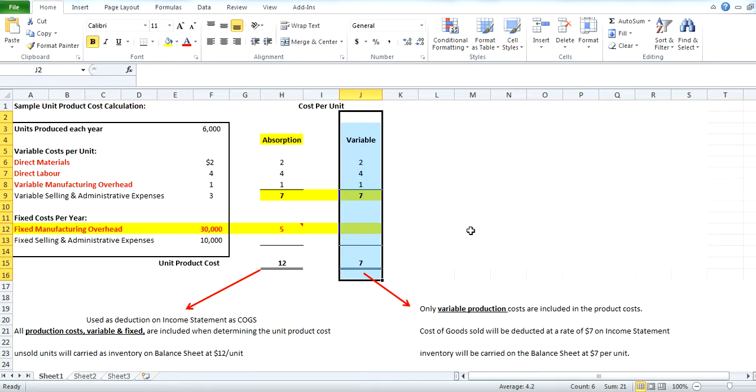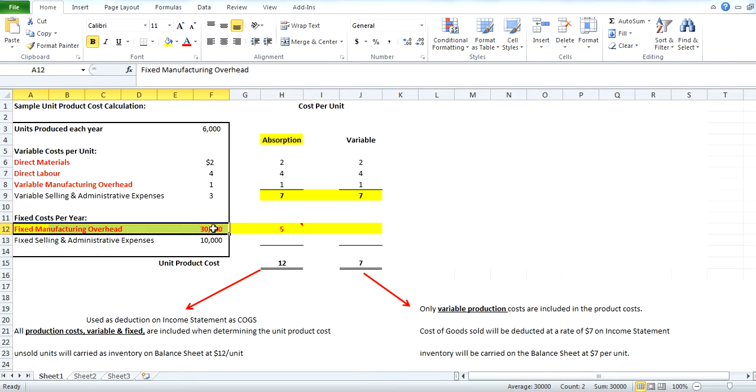And the reason being is that proponents, the people who are in favor of variable costing, their theory is that whether or not we produce 6,000 units or if we produce 0 units, we still have to pay this $30,000 in fixed manufacturing overhead. We cannot avoid these costs, right?